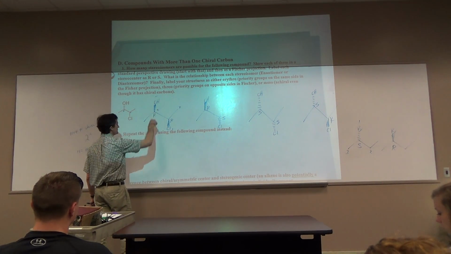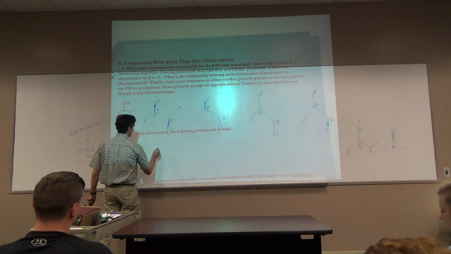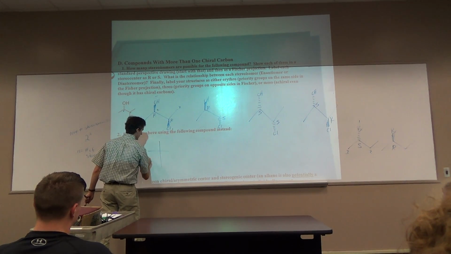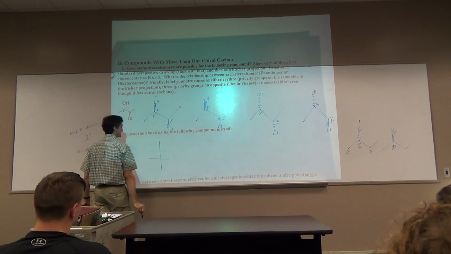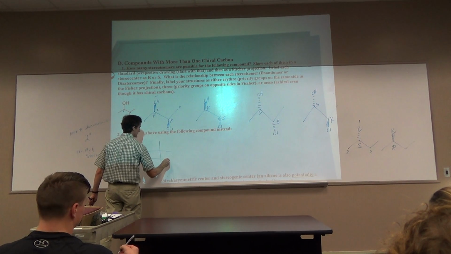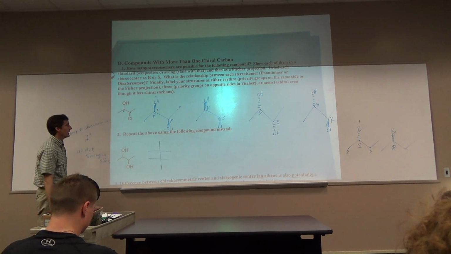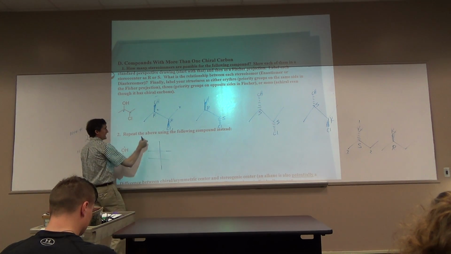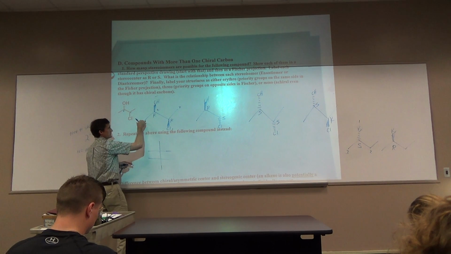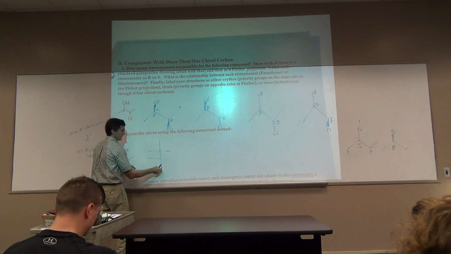Fischer projection. 2 chiral carbons, so we're going to do this like this. 2 crosshairs. Now, we got to decide, this is the 4 carbons. 1, 2, 3, 4.